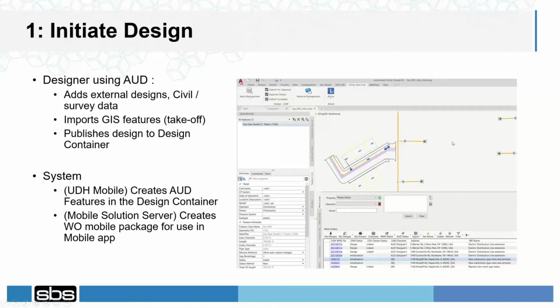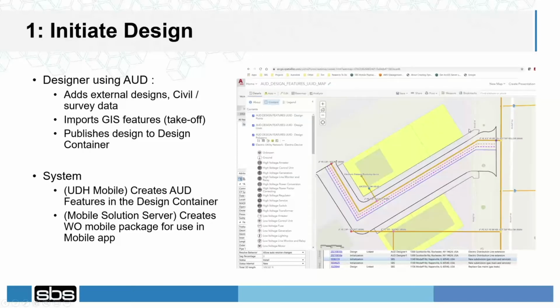Once this is in a state where it requires some additional input from the field, Utility Data Hub Mobile can be used to publish that design work order data and initial sketch of design to design container. And Mobile Solution Server will ensure that data is delivered to mobile application.